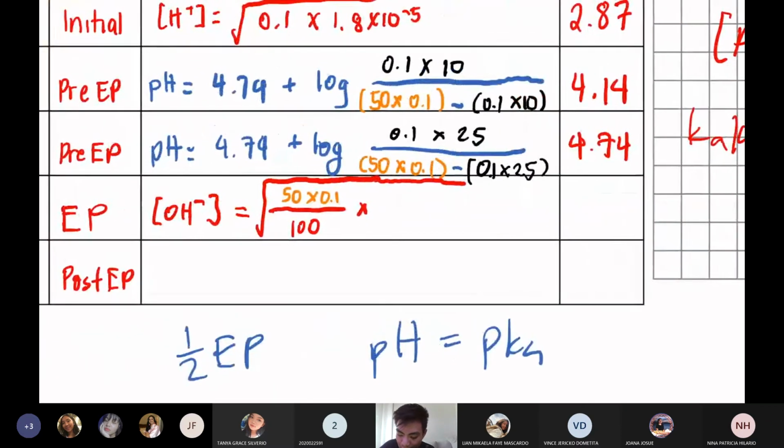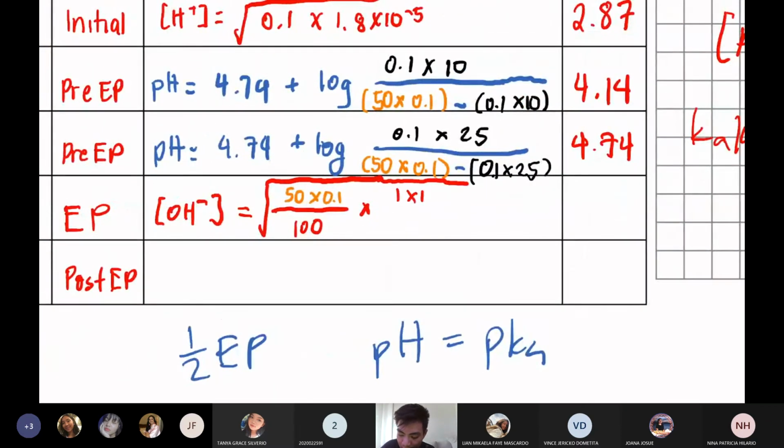What's Kw? 1 times 10 raised to negative 14 divided by, ano yung Ka? 1.8 times 10 raised to negative 5. Concentration ng OH makukuha mo dyan. Pag na-solve mo to, gawin mo ang POH, then isubtract mo siya sa 14. Okay?